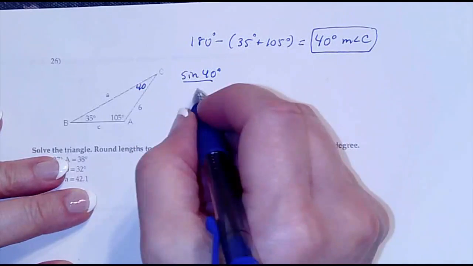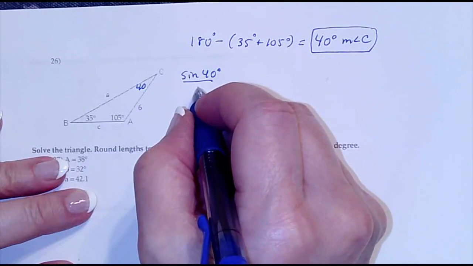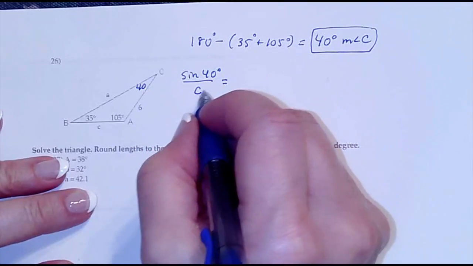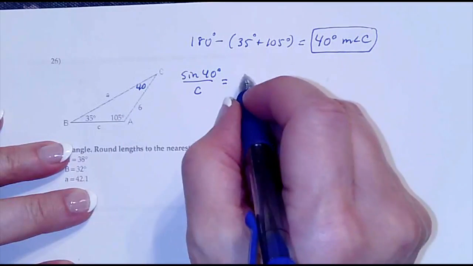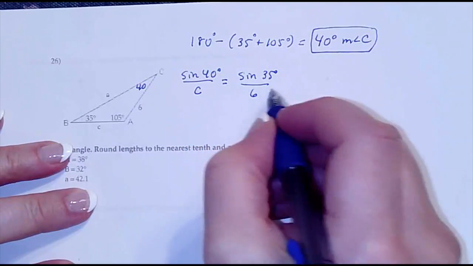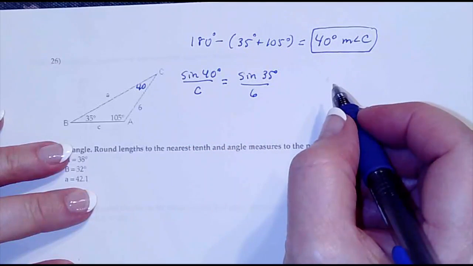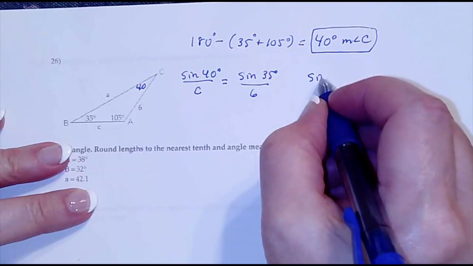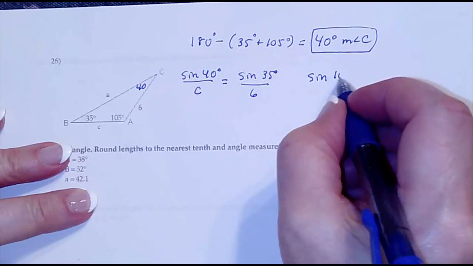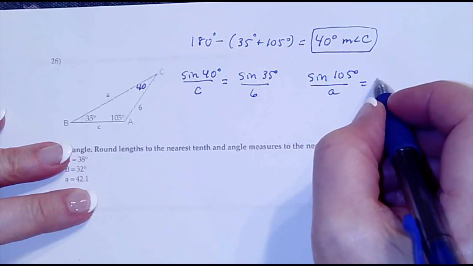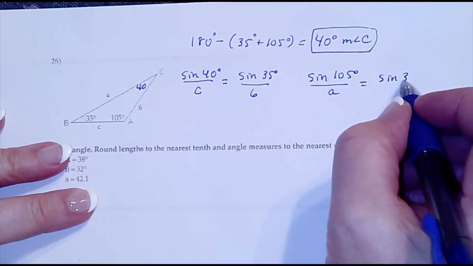All right, we'll do C first because that's what I started. Sine of 40 degrees over C equals then our one that we know, sine of 35 over 6. Okay? Now if we wanted to find A, we do the same thing. Sine of A, which is 105, over A equals again sine of 35 over 6.